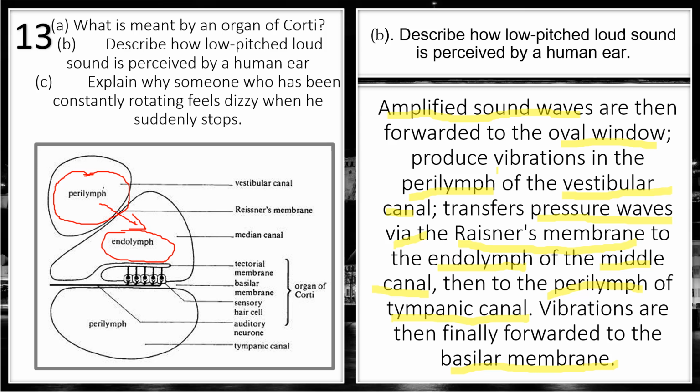So in the middle canal, the vibration of the fluid or the endolymph will then again be passed over to the tympanic canal, which has also a fluid called the perilymph. And this vibration now will be passed over to the basilar membrane, our basilar membrane.